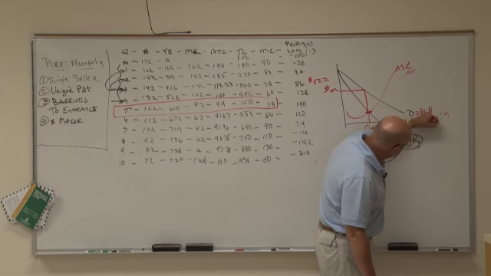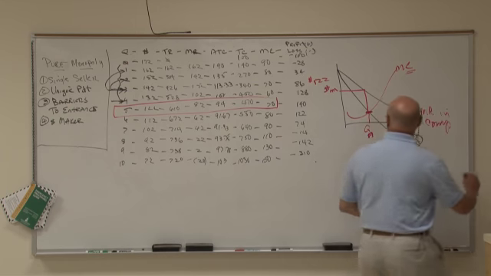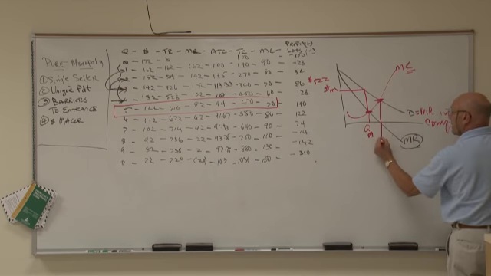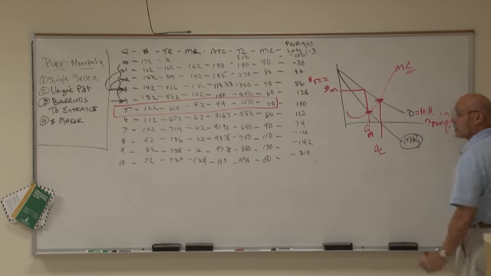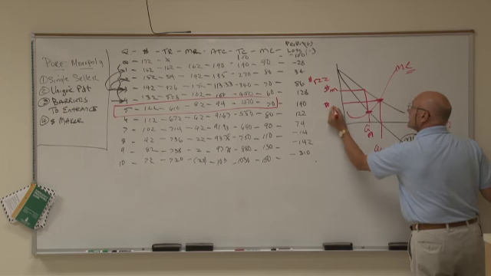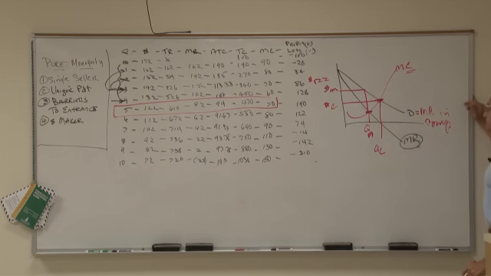So therefore, a competitor would produce, I'm going to call this QC for the quantity that the competitor will produce, and over here I'll call this price C for what the competitor will charge.